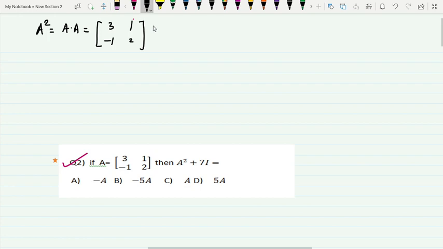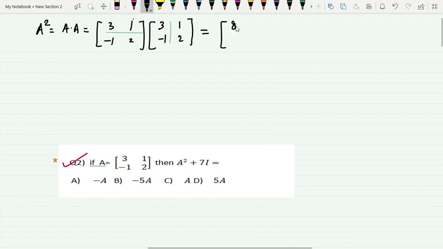The same matrix we multiply: 3 minus 1 1 2. Multiply this first row into column. So what will be the multiplication? First row into column, that is 9 minus 1, which is 8.